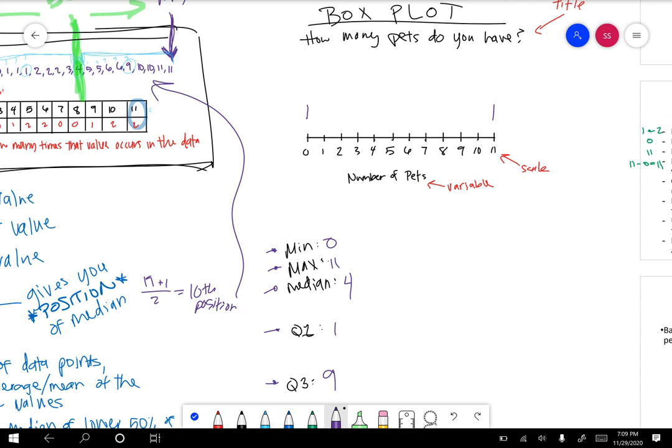We're going to have a line for our median, which was 4, a line for Q1, which was 1, and a line for Q3, which was 9. And the middle 3 lines you're going to connect into a box. And then you just draw 2 lines going from the box to the minimum and maximum. And there you have your box plot.